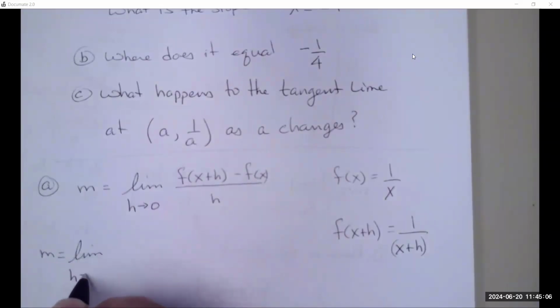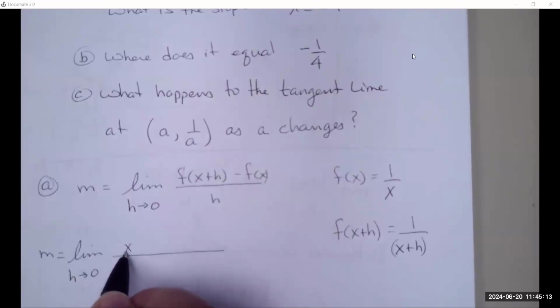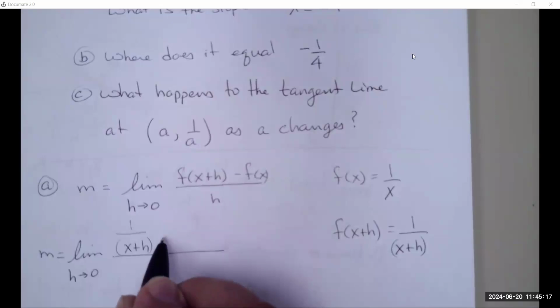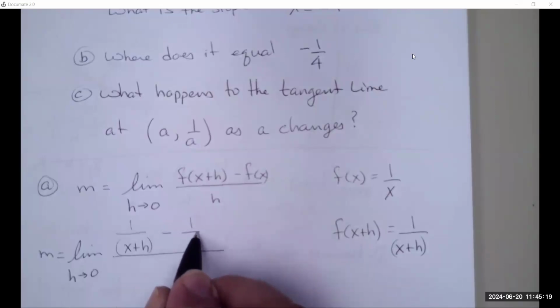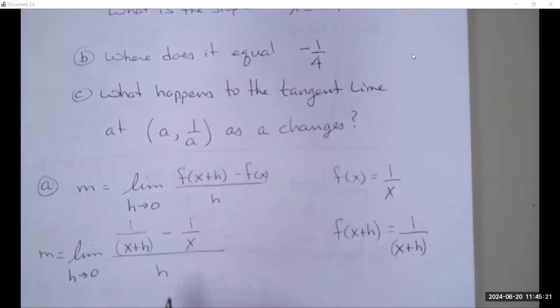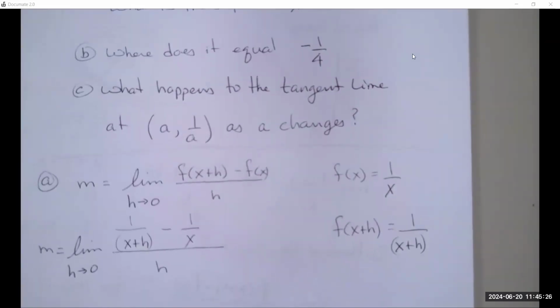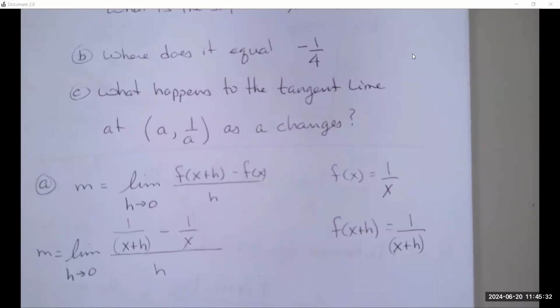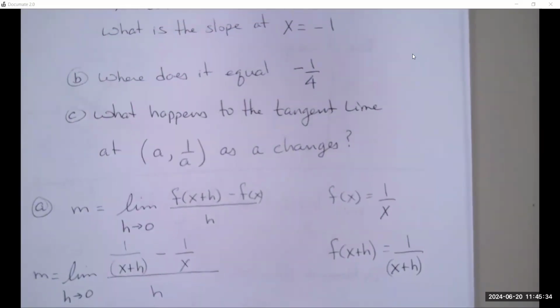The limit as h approaches 0 of 1 over x plus h minus 1 over x, over h. Remember, it's asking us to do what?